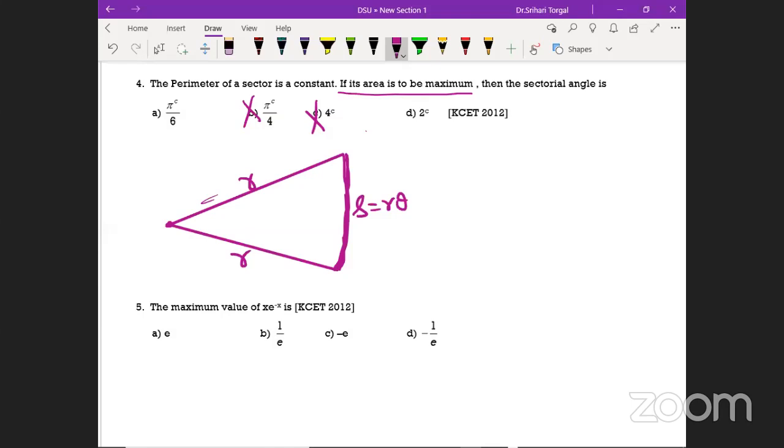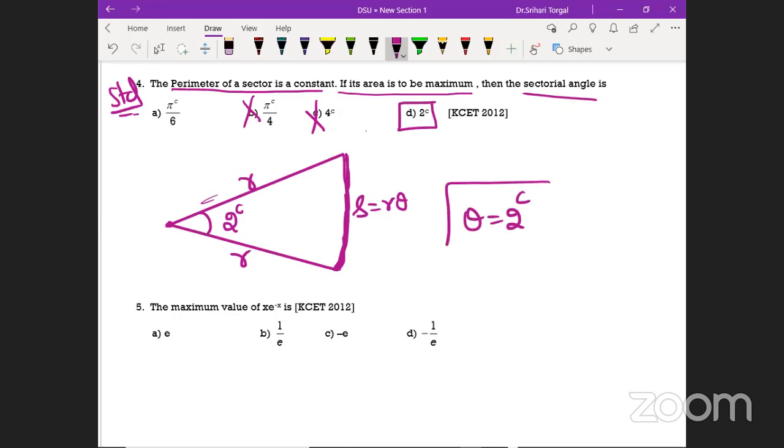Remember, the area of the sector is maximum only when it is 2 radian. This is a standard result for any problem of this sector. With given perimeter, the area is maximum only when the sectorial angle must be equal to 2 radian. Then only we will get the maximum area.